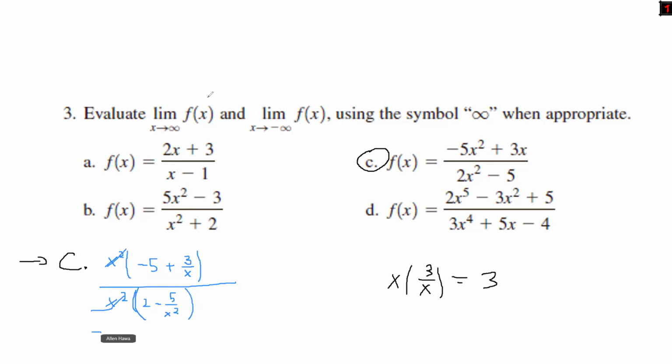Don't forget to write what you're doing. Right now you're in the process of finding the limit as x tends to plus or minus infinity of this function, because now you're going to substitute x for infinity and you would like to be accurate.